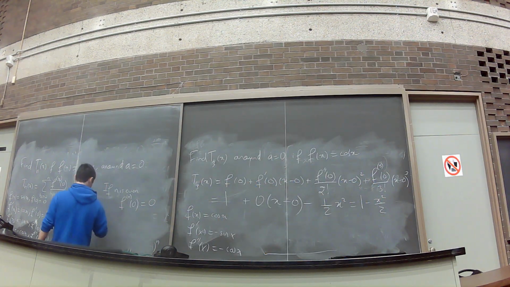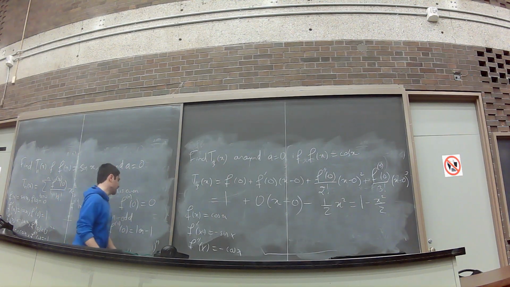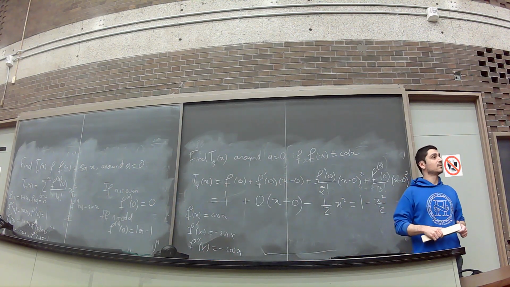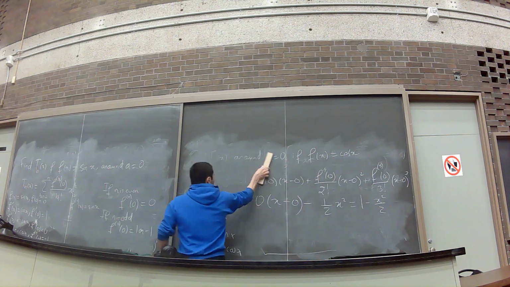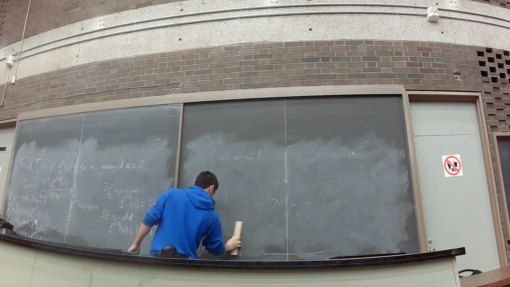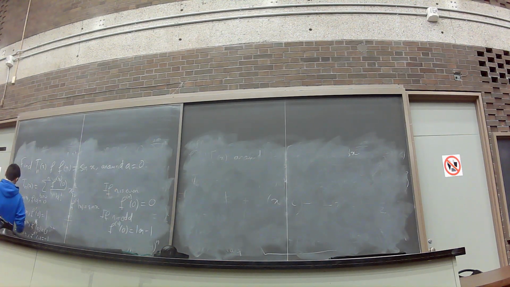Okay, so if n is odd, it's a bit harder. But I still can do better. Can I find a nice formula for it? Let's check that. What is f prime of 0?